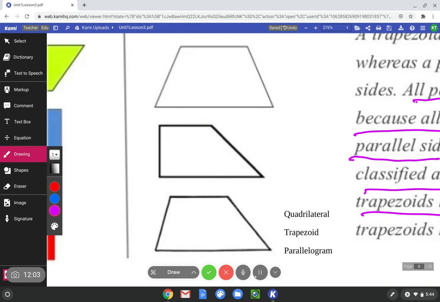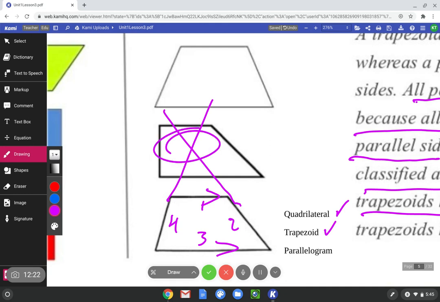So now we're going to do the very last one. Okay, remember, start broad. 1, 2, 3, 4. Quadrilateral, check. Parallel lines, there we go. So we know it's a trapezoid. These lines are not parallel because look, they will eventually cross. So it is not a parallelogram.